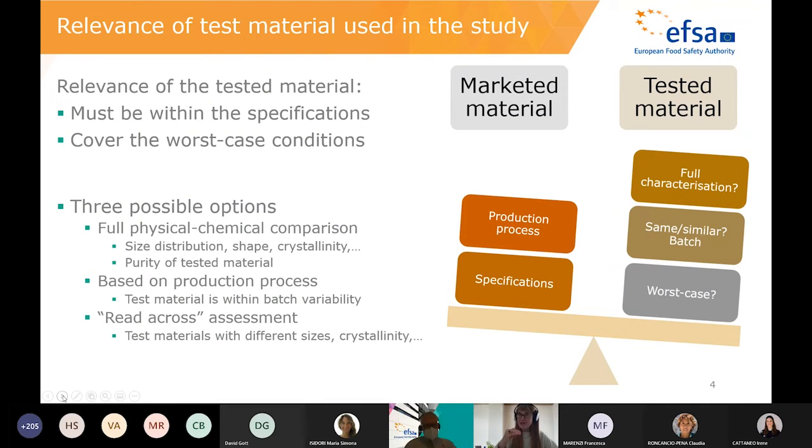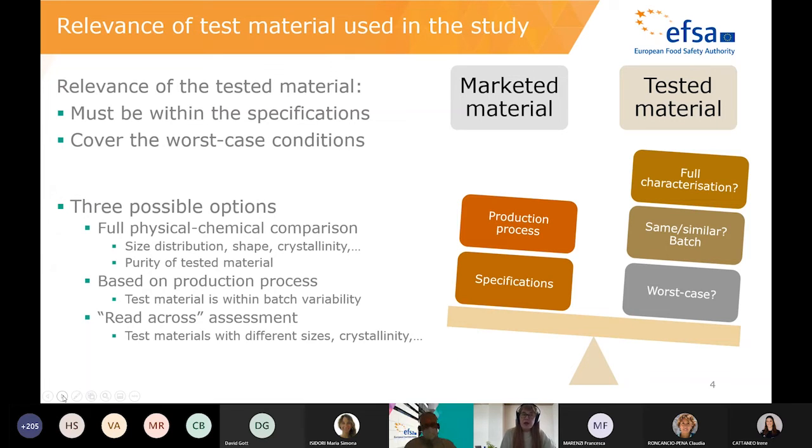For new materials, the applicant, as you know, proposes the specifications. For old materials, which are authorized already and are on the market, there are specifications. And the test material should also comply with those.